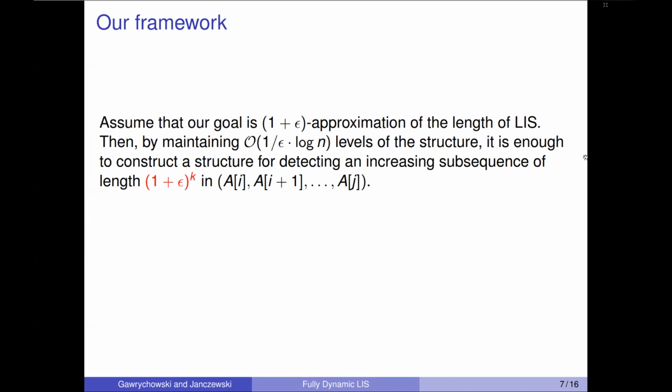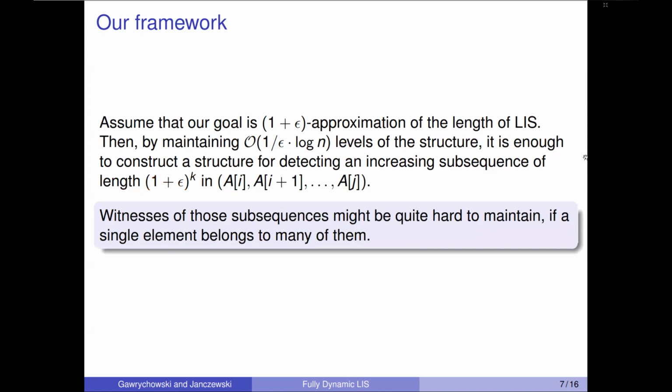Then if we are able to do this for all reasonable powers k, then by maintaining log n over epsilon levels of the structure for all reasonable values of k, we can easily get a good enough approximation, right? Because when we are asked about some interval, maybe we have no idea what the exact value of LIS is, but for example, using binary search, we can get a good enough approximation.